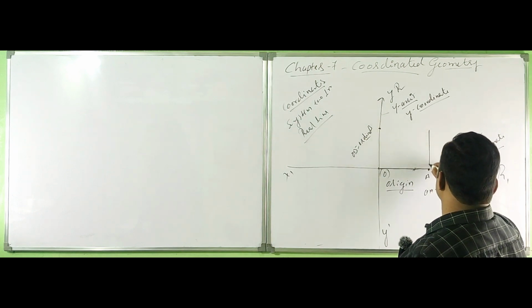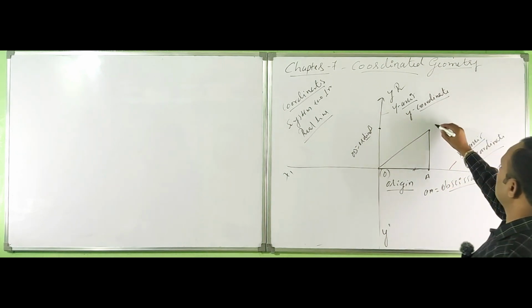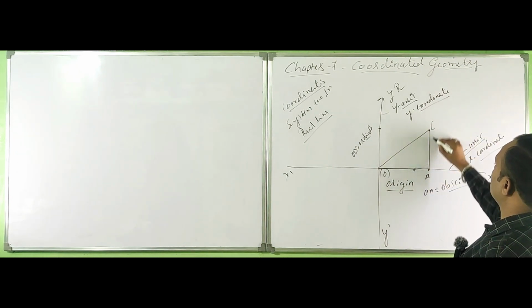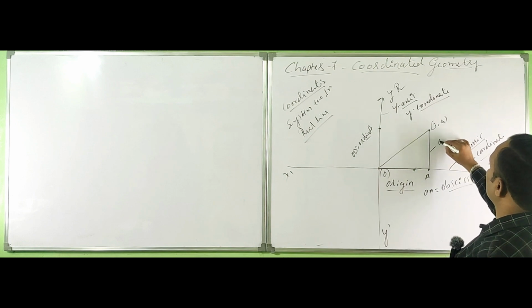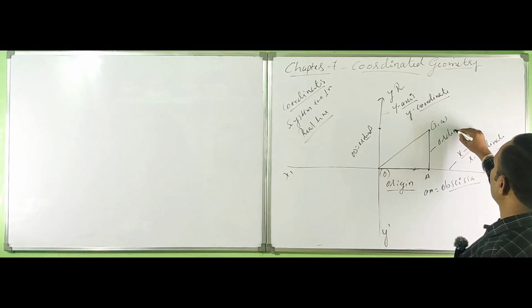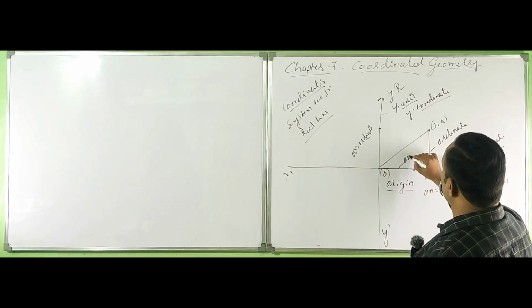Similarly here, let's consider the point 3 and 4, okay, this is called ordinate, and this is called abscissa.